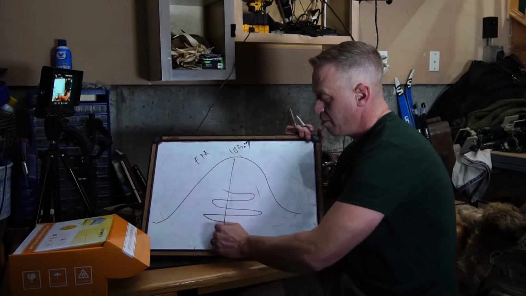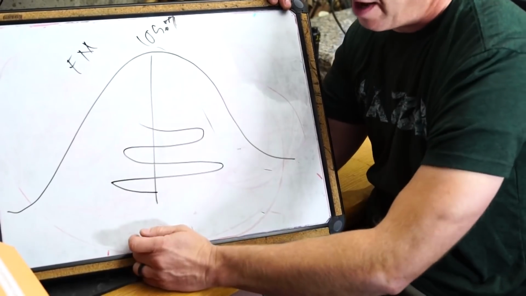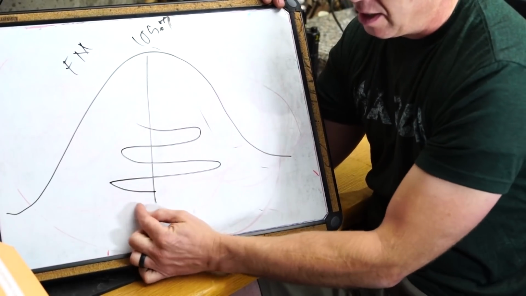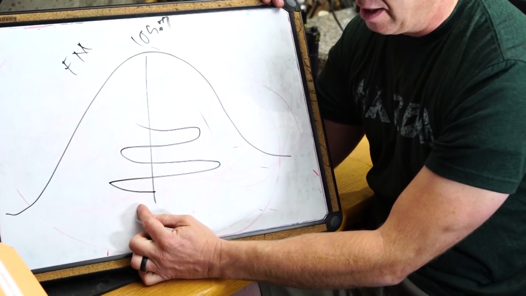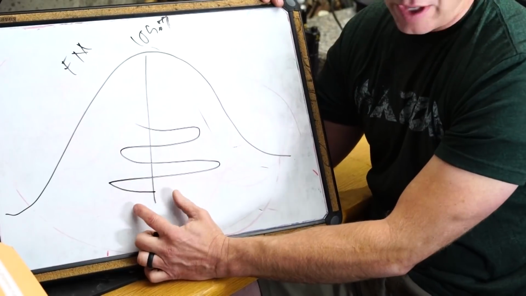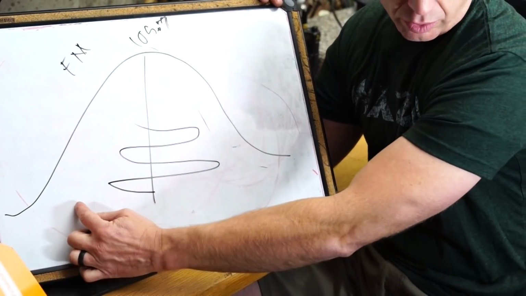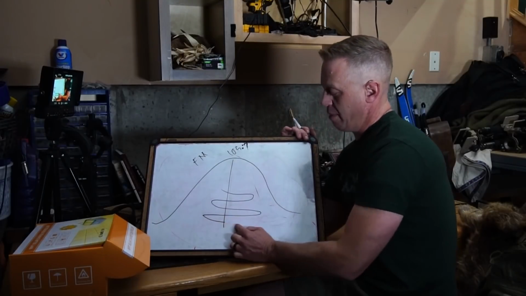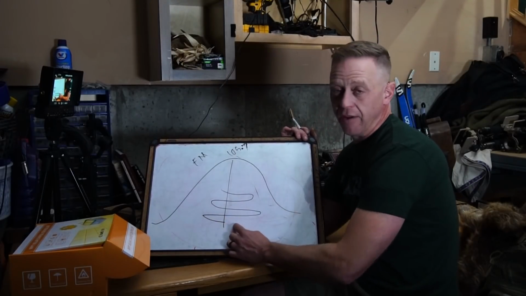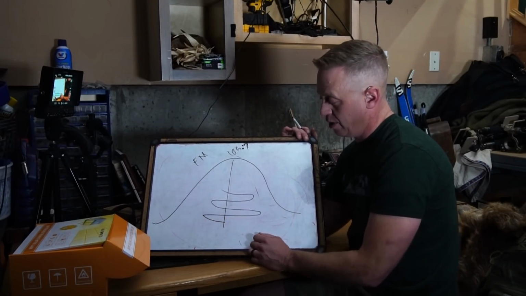If I can only go 3 megahertz below 105.7, then I only have so much bandwidth. I don't have the capacity to go to really low noises. If I can only go to 3 megahertz above, I don't have the capacity to do really high noises.